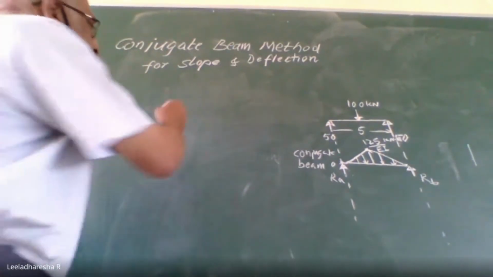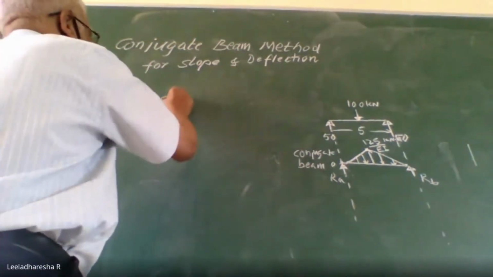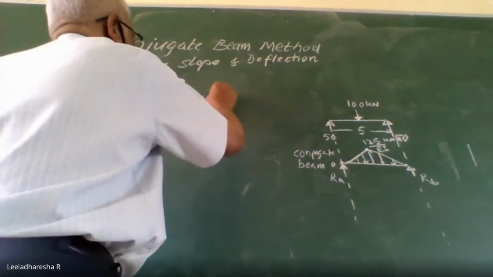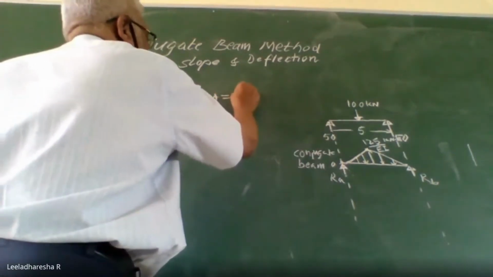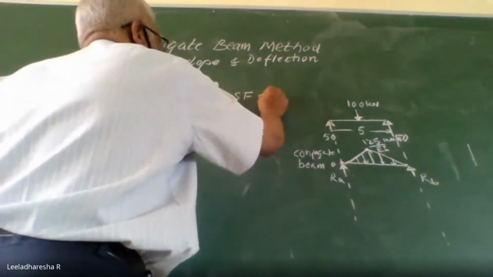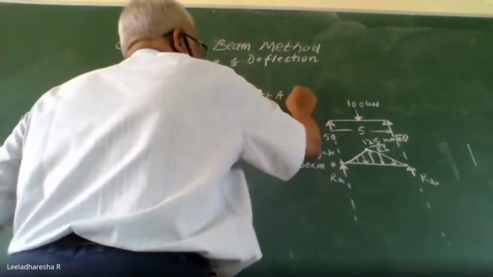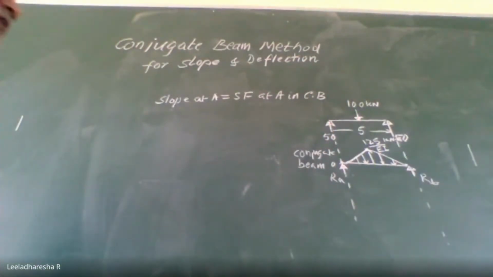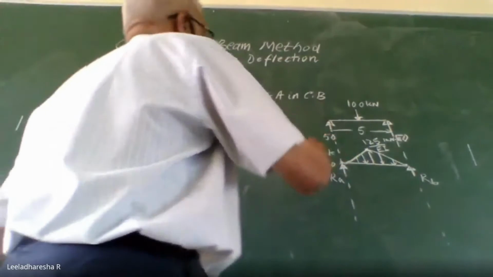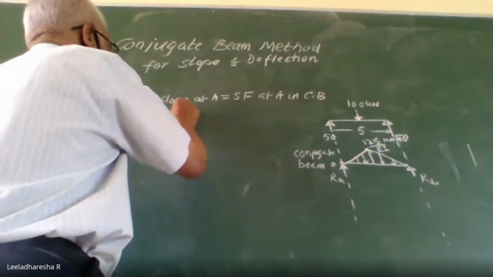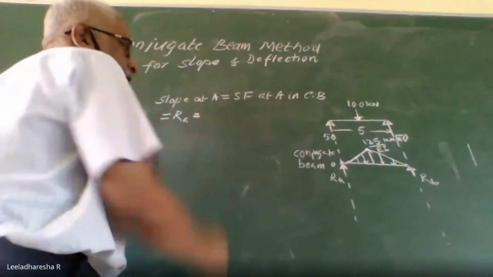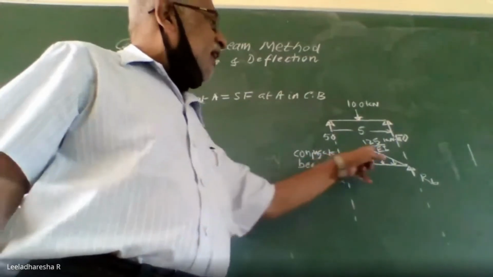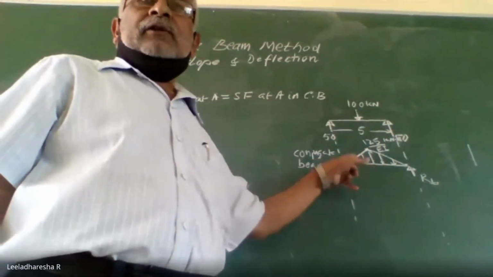Okay, so now I can say slope at A is equal to shear force at A in the conjugate beam. What is the shear force at A? It is equal to RA. How do you find it for a triangular load? Area of this triangle will give you the complete load.